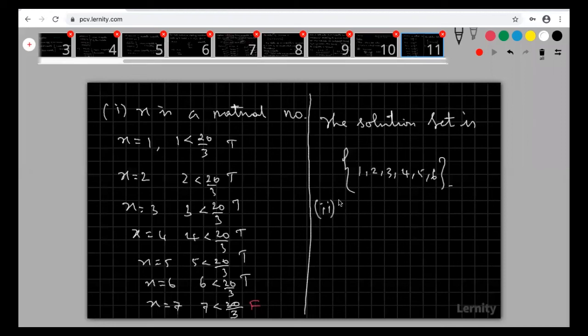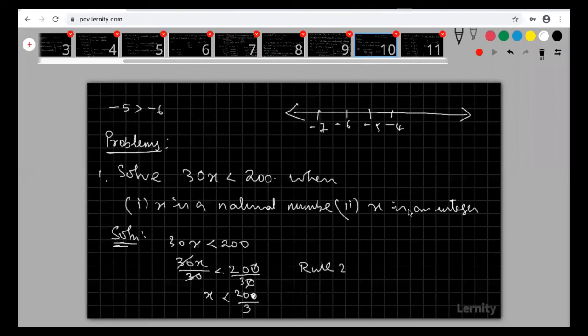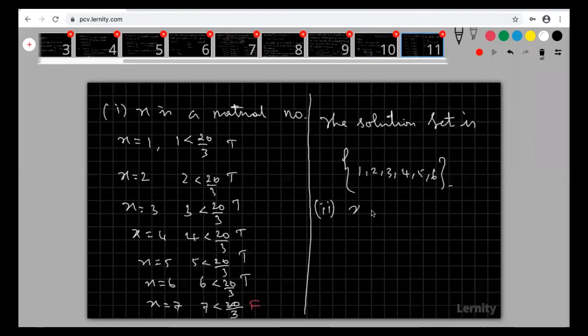What is my second question? X is an integer. X is an integer means what are the X values? Integer values satisfying this inequality, X less than 20/3.